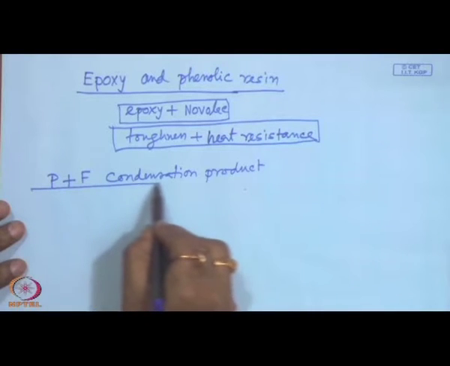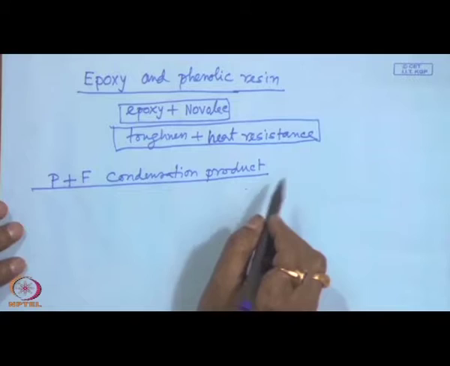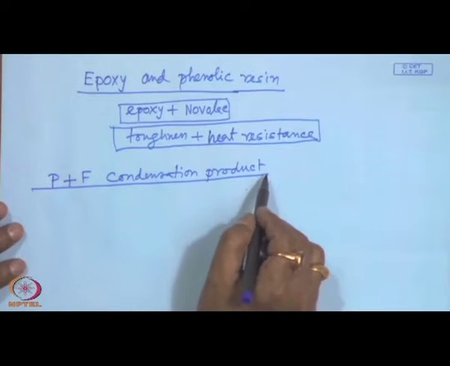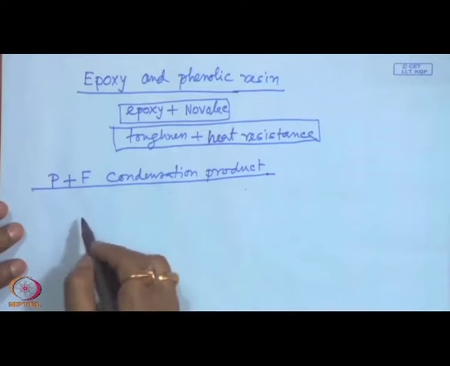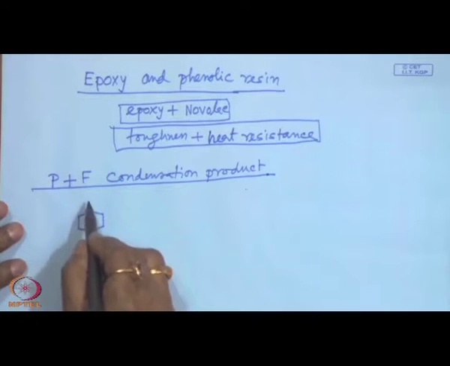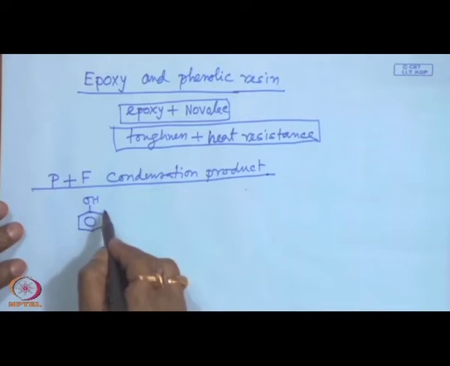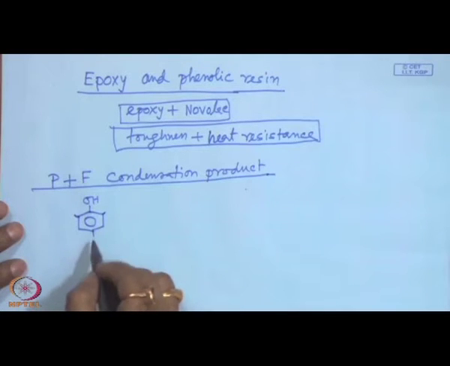What is the reason behind this? This is a very good matrix resin till today, an unbeatable system one can say. Now, the formula of phenol is this. It has got 3 functional sites, 2 ortho and 1 para.